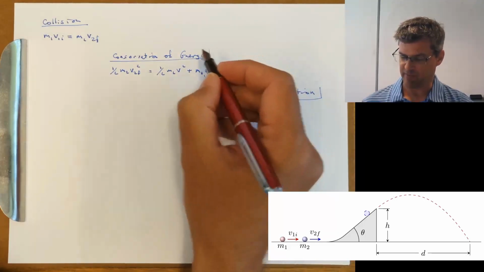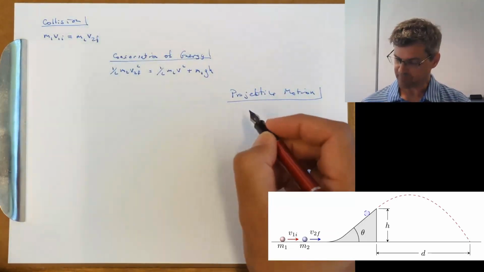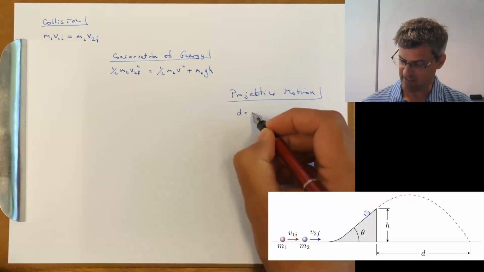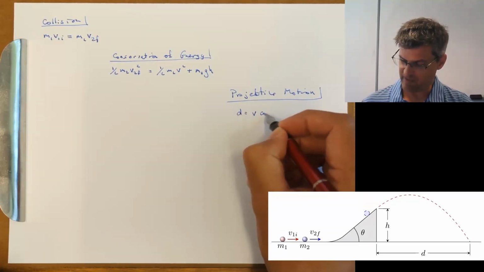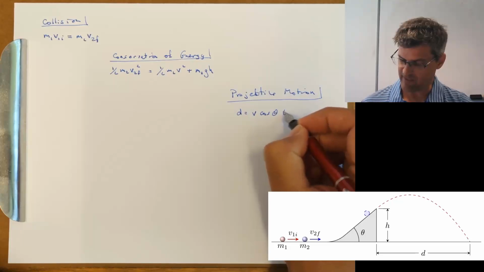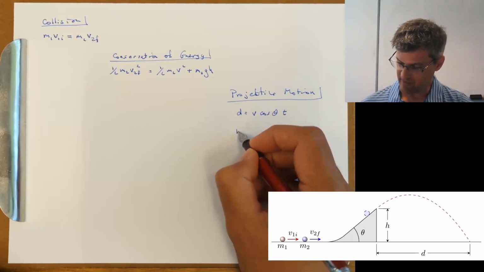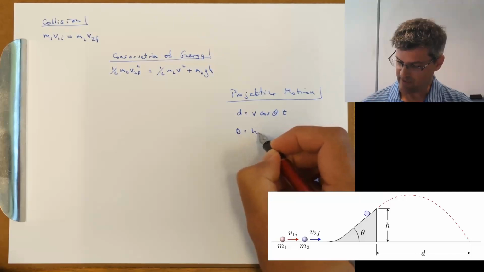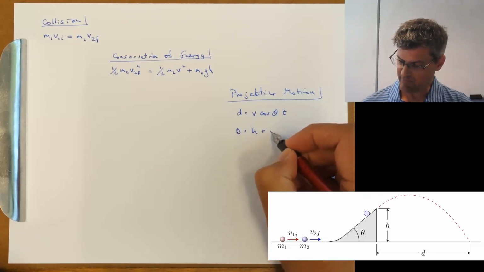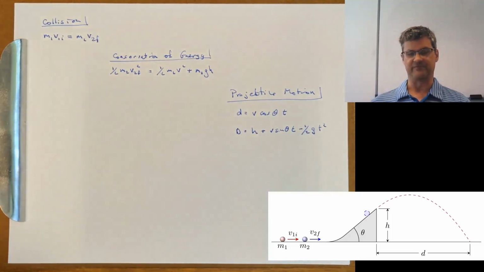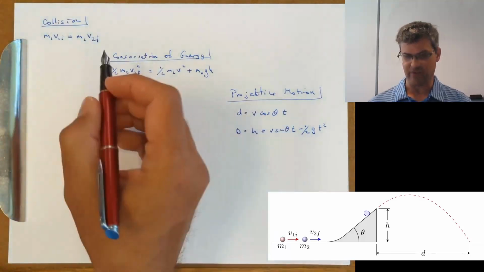Well, I know that for the projectile motion, in the horizontal direction, we see that D is equal to V cosine theta t, and in the vertical direction, 0 is equal to H plus V sine theta t minus 1/2 G t squared. This is everything that's going on in the problem.